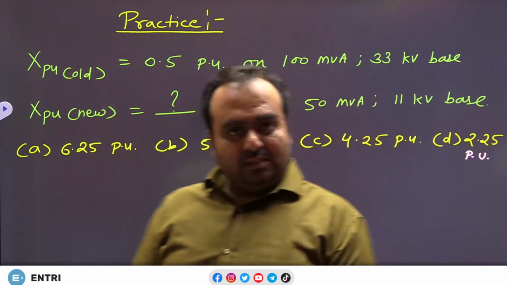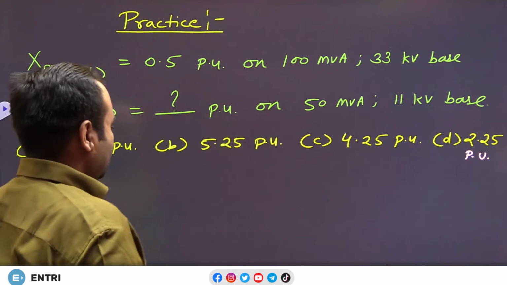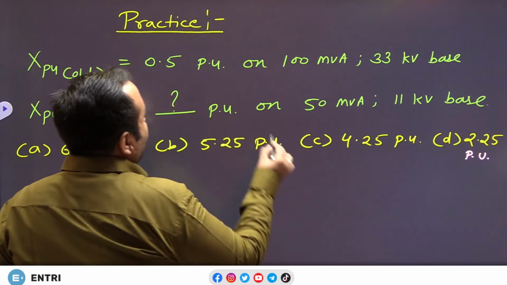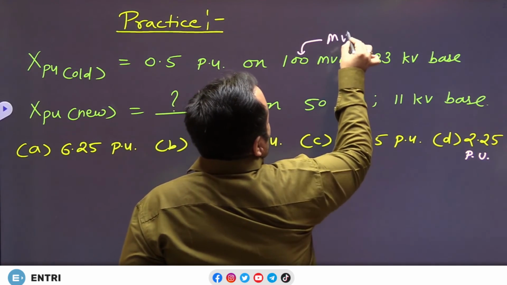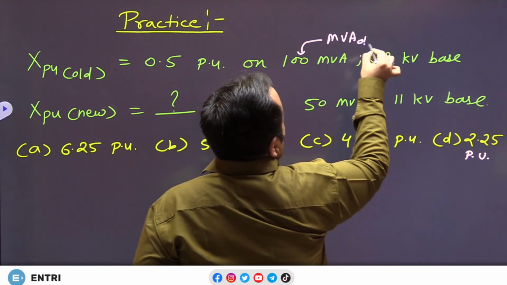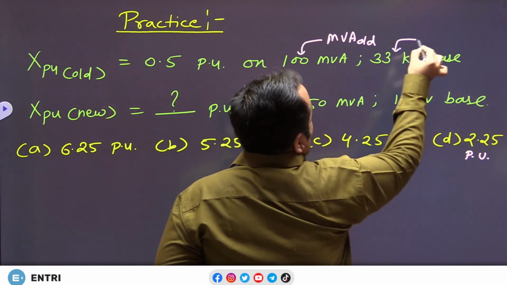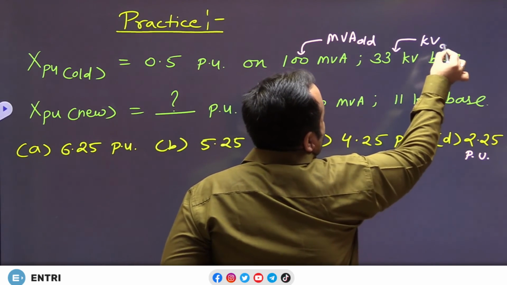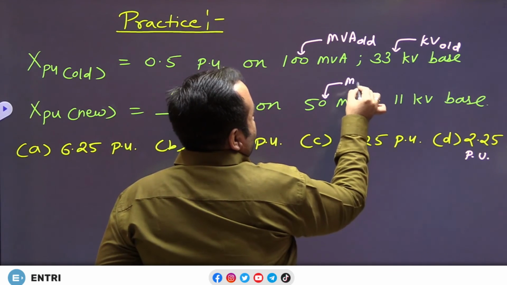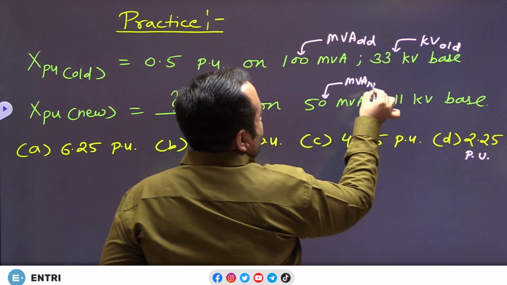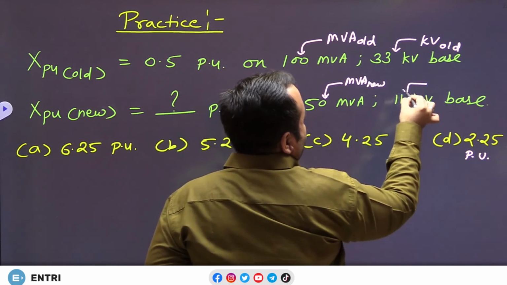So solving it is very easy. We must write star MVA old, KV old, MVA new, KV new.